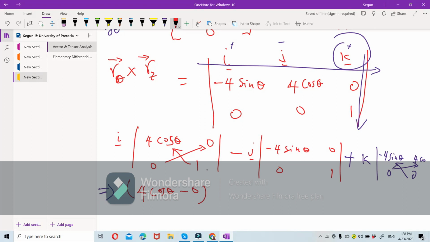Then all these ij, everything will cancel. This one will be, don't forget you have negative here. You have minus 4 sine theta minus 0 and plus 0. So you don't need anything there. So when you open this bracket, this will be positive.